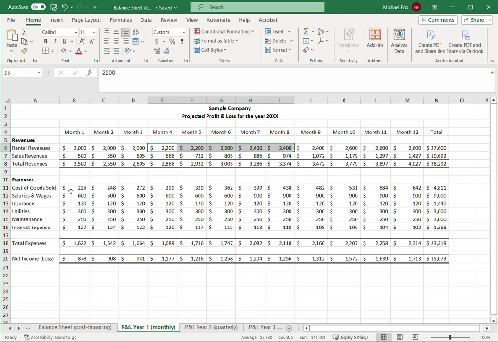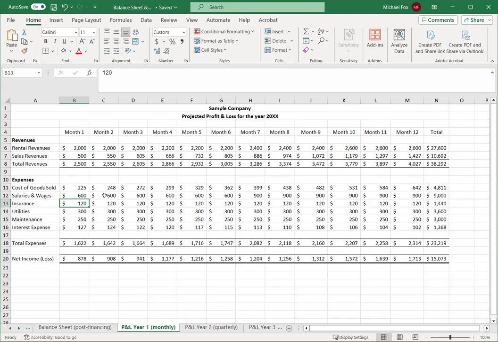Salaries and wages, I would base that on the number of people I thought I had working on a given day, times their wage, times their hours. That would give me a daily amount, and then multiply that by the number of days in a month I have people working. Insurance, I could probably just Google and say, how much insurance does a business expect to pay per month? Utilities, same thing.